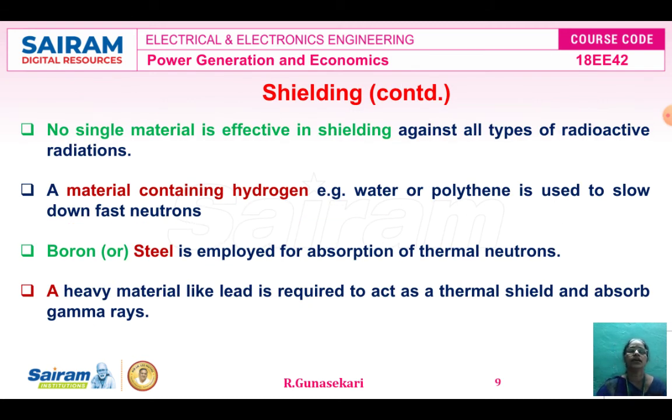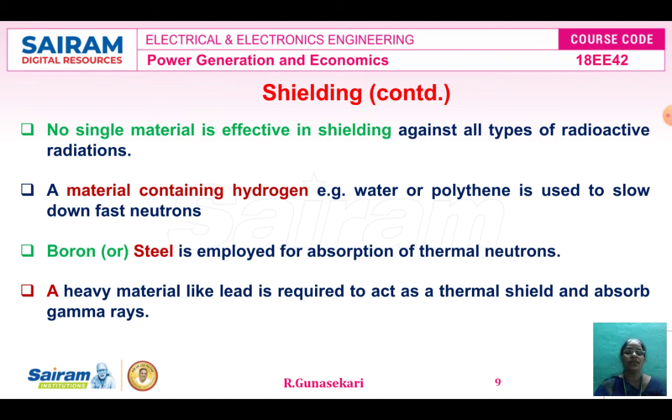No single material is effective in shielding against all types of radioactive radiations. A material containing hydrogen, for example water or polythene, is used to slow down the fast neutrons. Boron or steel is employed for the absorption of thermal neutrons.